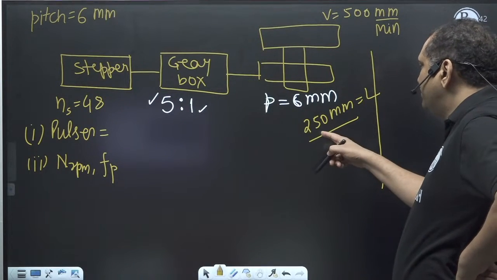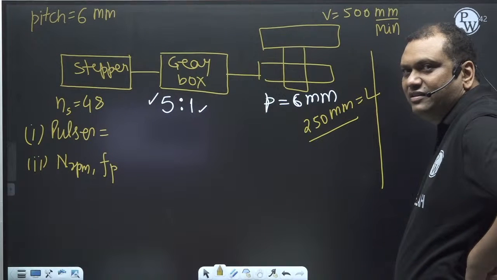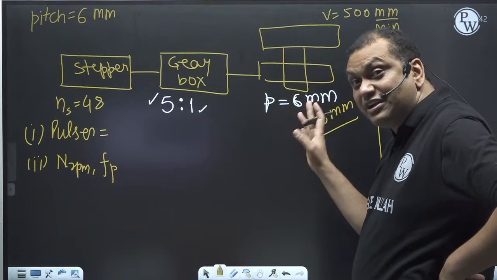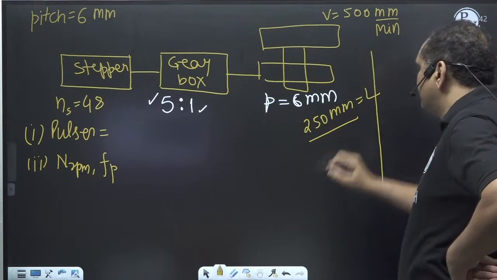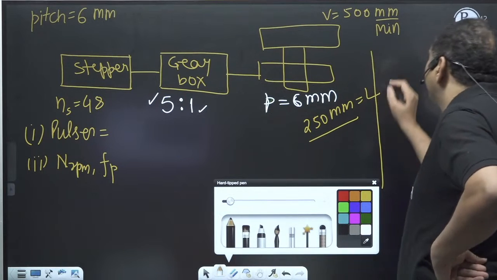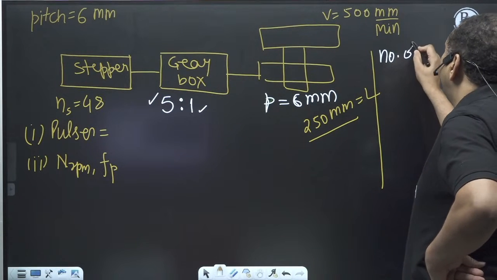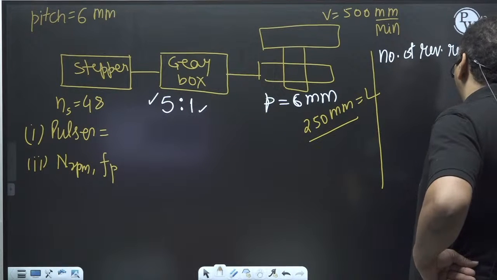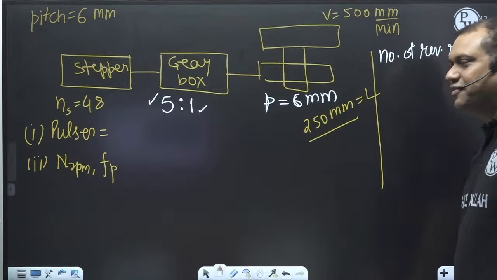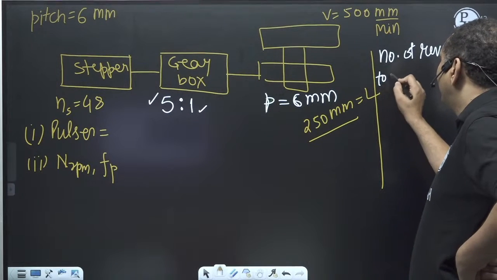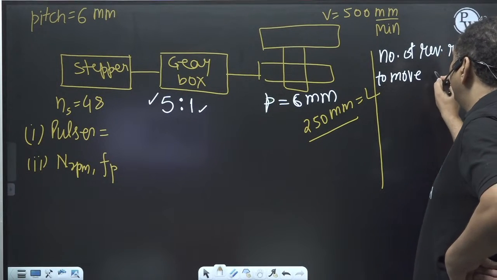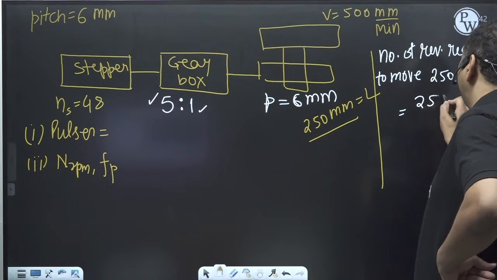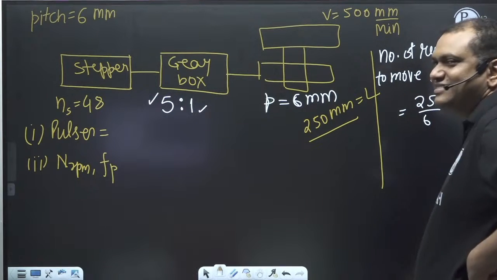You want to move 250 millimeter. It's a single start because the number of starts is not given. So let us go slowly. Number of revolutions required to move 250 mm is equal to 250 divided by 6.